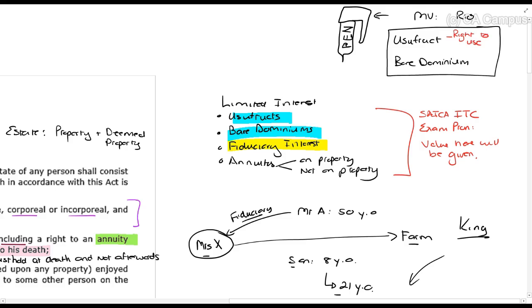So for example, if you have the usufruct over this pen, you can use it, you can write a poem and a story and sell it and make money from it. It all belongs to you, but you can't dispose of it. It's not your property. You've just got the right to use it. The bare dominium is the right to own it.